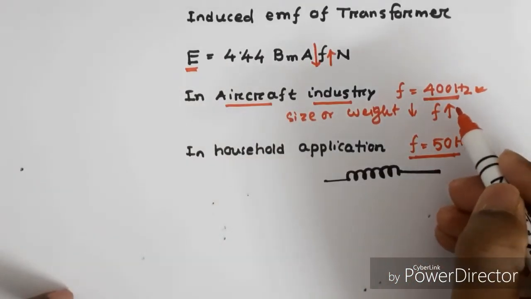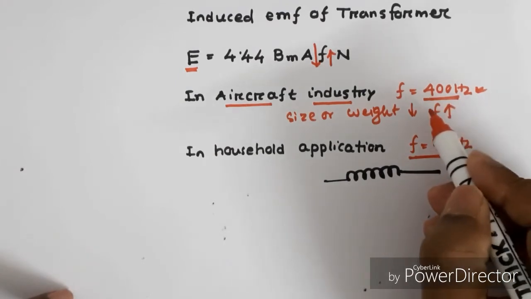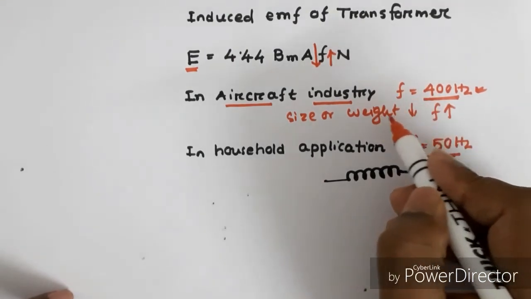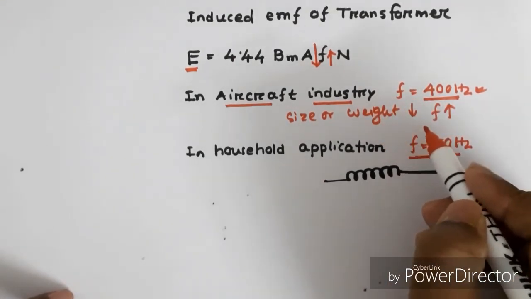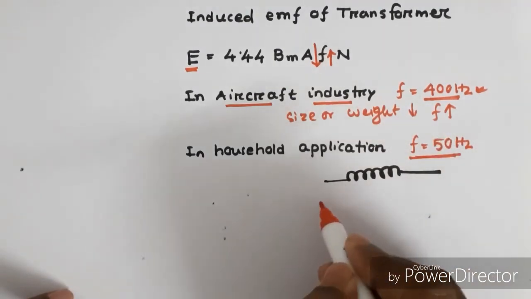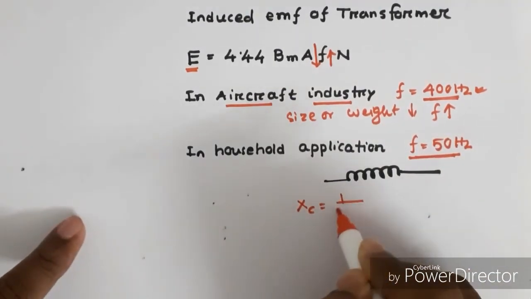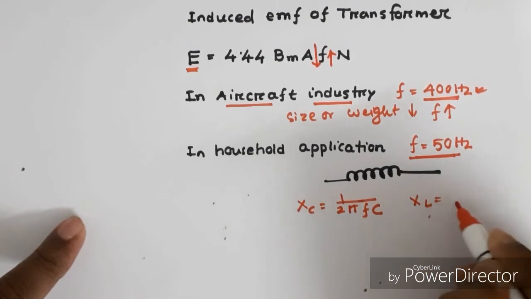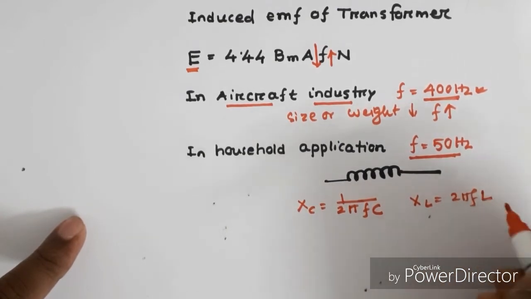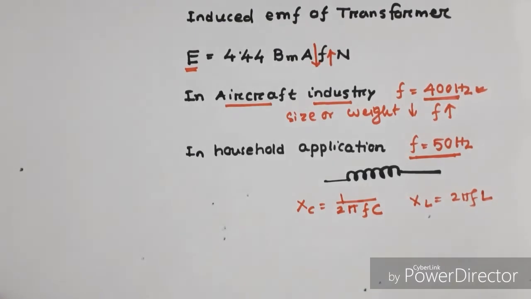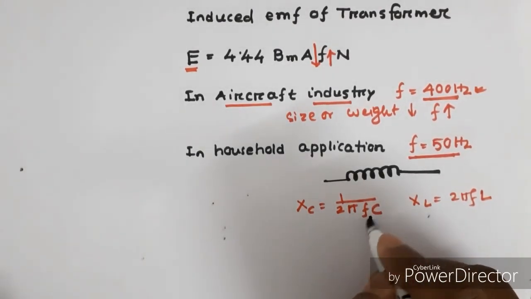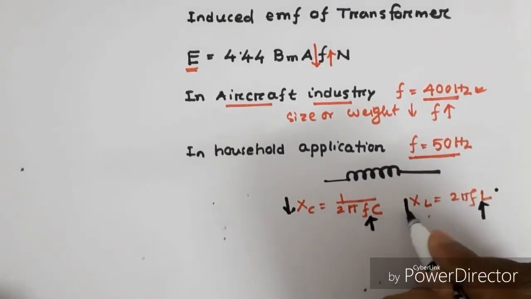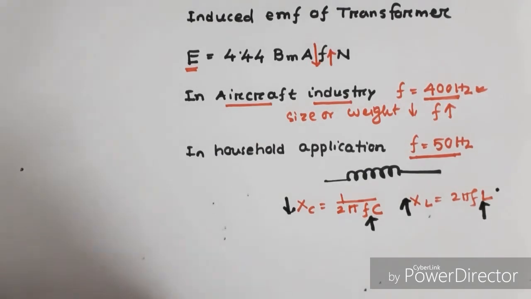Now the question arises, why 400 Hz? Why not 1000 Hz, 4 kHz like this? If we increase the frequency, the weight will be reduced and it is beneficial for us. Now, as we know, Xc equal to 1 by 2 pi f C and XL equal to 2 pi f L. As we increase the frequency, Xc will be reduced and XL will increase.